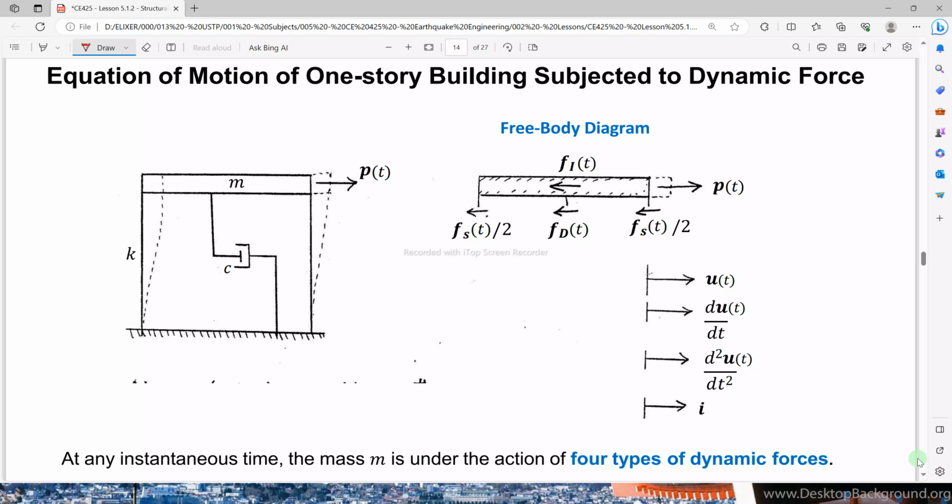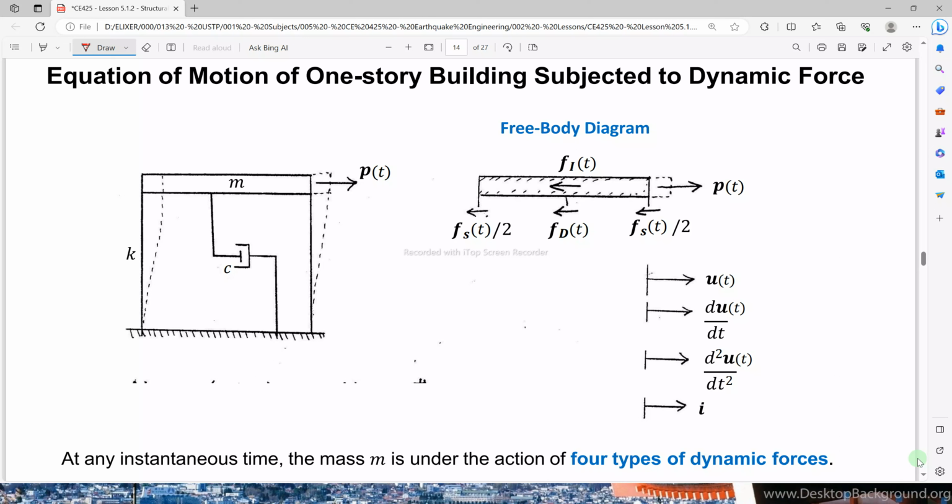We have here the damping force, symbolized by f sub D as a function of time, and at the same time this is a vector. So this is opposite to the direction of the applied dynamic force. It will absorb energy until the structure will eventually come to rest.